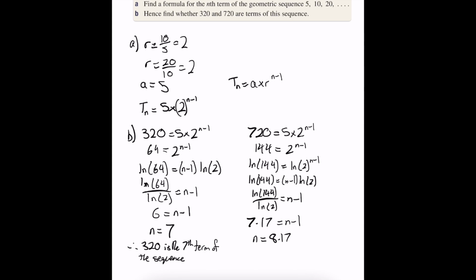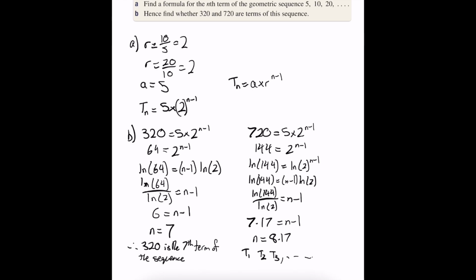So what we've concluded is that if 720 was to be a term of the sequence, it is the 8.17th term. And that is something that just doesn't exist. We can have our first term, our second term, third term, and so on. These are whole numbers, and so they are terms on the sequence.